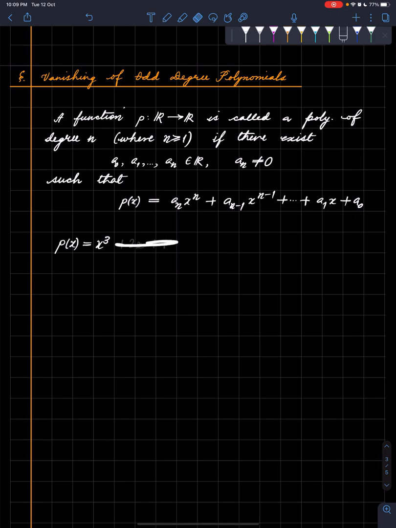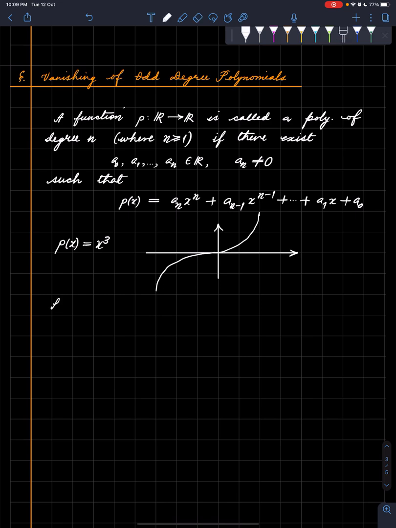Now if we look at the graph of, let's say, just x cubed, then it looks something like this. This is the x-axis, this is the y-axis, and we see that it has a root, meaning it vanishes at some point. So let me also make that definition.